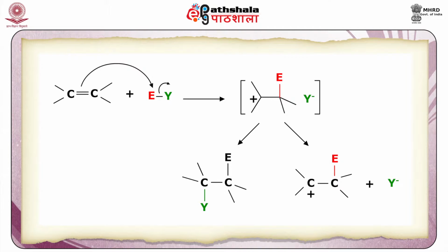The two ions may combine directly to give product, or they may lead to a free carbocation, as you can see here, that is alkene when it is attacked by E plus, Y minus, you get this carbocation, and immediately it can be attacked with Y minus, that is they will be attacked directly, or there is a free carbocation which is formed and then attack happens.